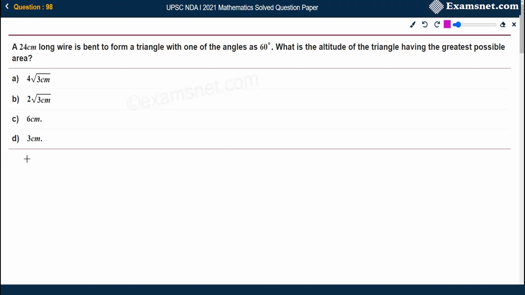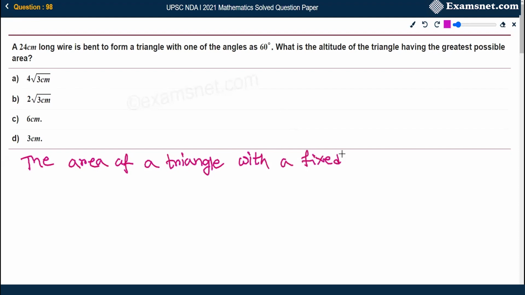So first of all, the area of a triangle with a fixed perimeter is maximum when it is equilateral.